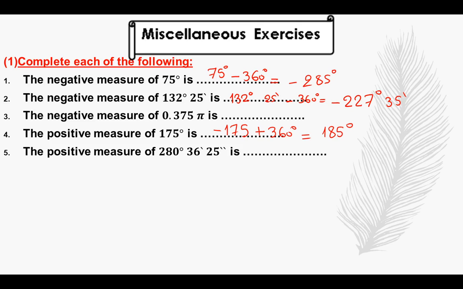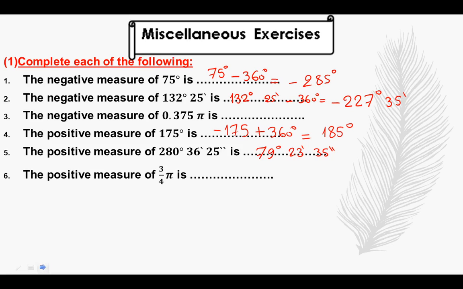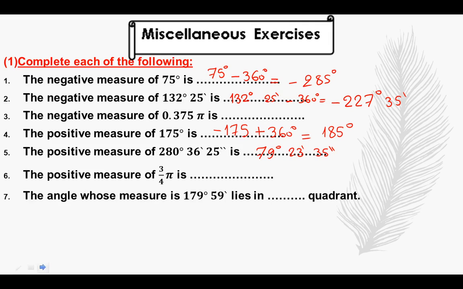We will write negative 280 degrees and 36 minutes 25 seconds plus 360 degrees. This is a negative measure and we want to find a positive measure, so we will add 360 degrees and the result will be 79 degrees and 23 minutes and 35 seconds. Okay, let's go to another example. The positive measure of 3/4 pi.